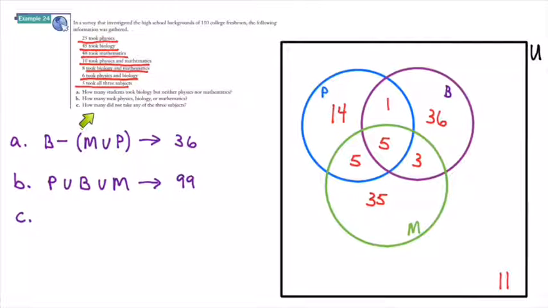So if we want to find the set of students who did not take any of those three subjects, then that would be the complement of the set of students who did take any of those three. So we would just say for part C that we want the complement of P union B union M. And you can see from our Venn diagram that that would be 11 students. So that's it for this example, and I hope it's been helpful to you.